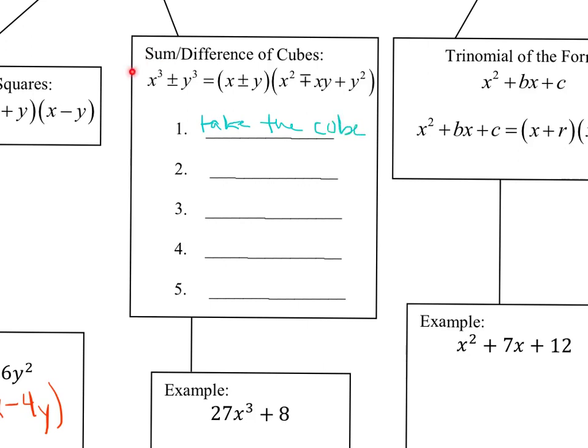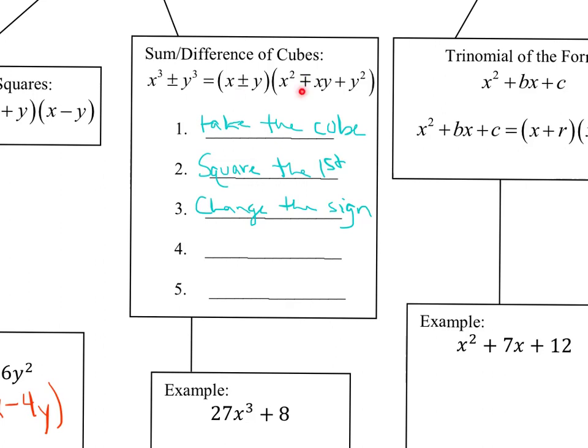So you start off the cube root of x cubed, I get x. I take the cube root of y cubed, I get y. After you take the cube, you're going to square the first. If I square the first term, I get x squared. After you square the first, you're going to change the sign. So notice, if it was a plus, it becomes a minus.